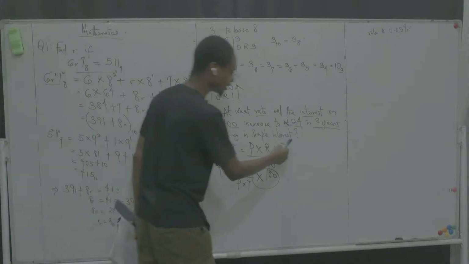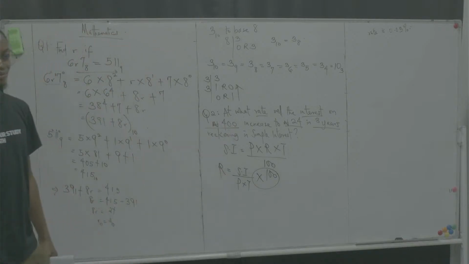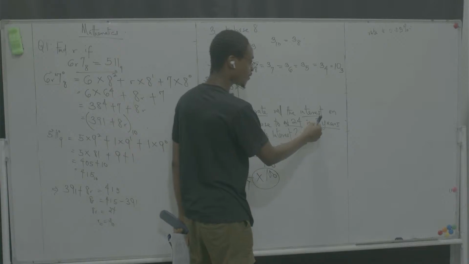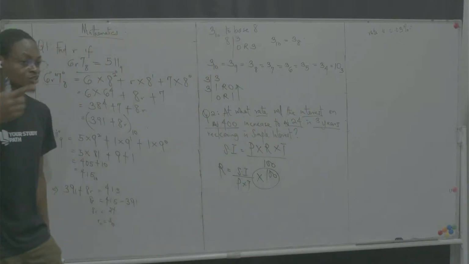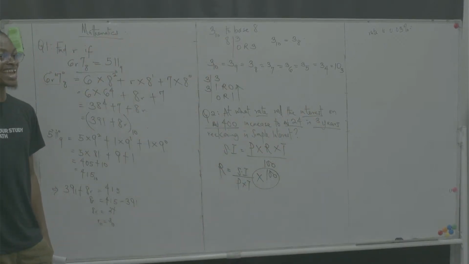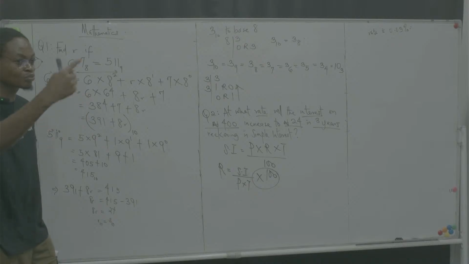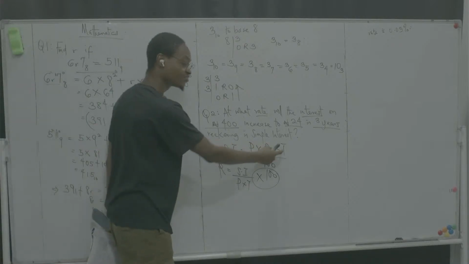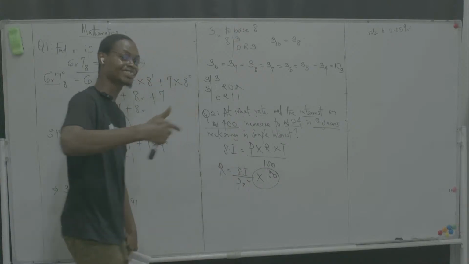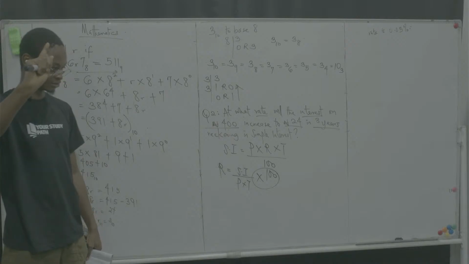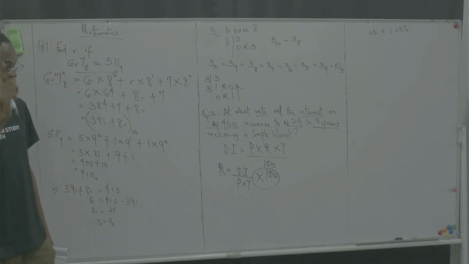Also, the default for the time is always in years, which means if you are given the value of your time in months, you have to convert it to years. For instance, if the question says 36 months, it's not that you put 36 for time. You have to convert that 36 months to years. 12 months make a year. So the default for time is always in years.